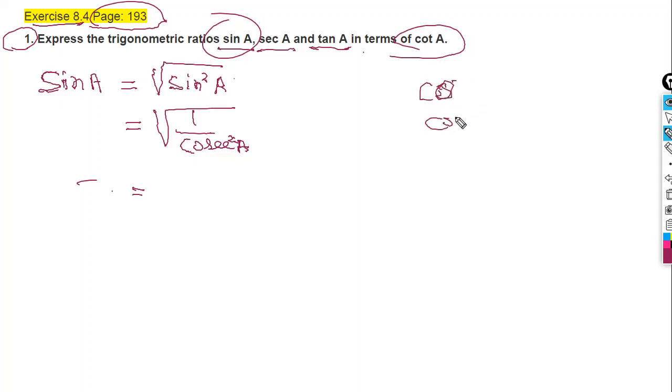Now you know the formula: cot square A plus 1 equals cosec square A. So cosec square A equals cot square A plus 1.